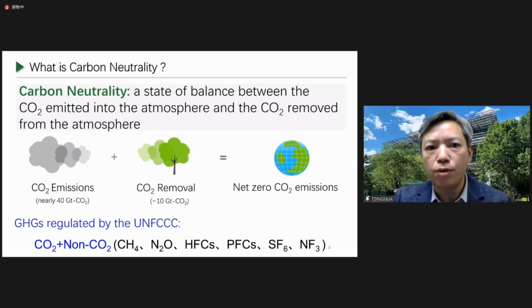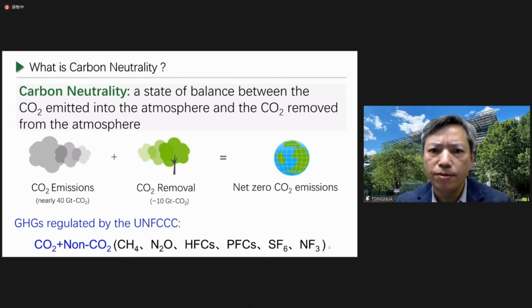But in actual practice, organizations often use the term carbon neutrality to include all greenhouse gas emissions when they announce their ambitious emission reduction targets. The non-CO2 greenhouse gases regulated by UNFCCC include methane, nitrous oxide, and other 4 kinds of F gases.